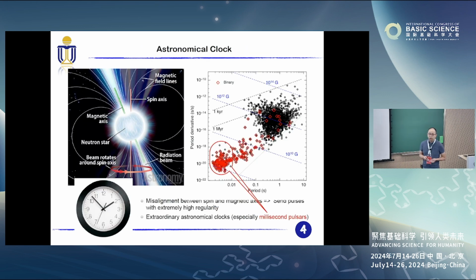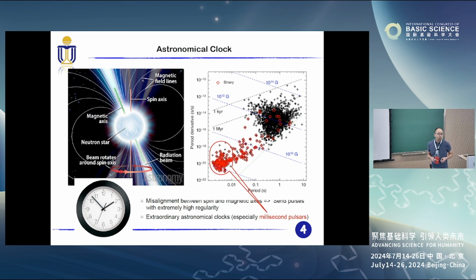We know pulsars are excellent astronomical clocks. Because of the misalignment between the spinning and the magnetic axes, pulsars can send pulses with extremely high regularity. This is especially true for millisecond pulsars.